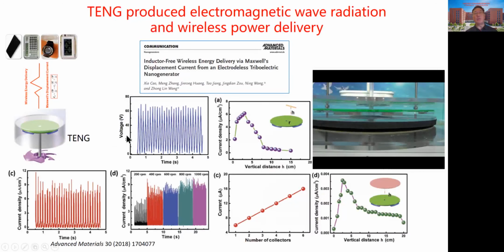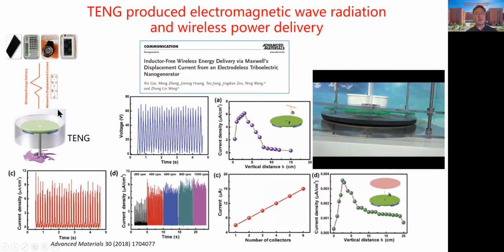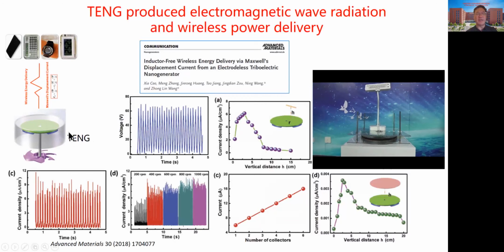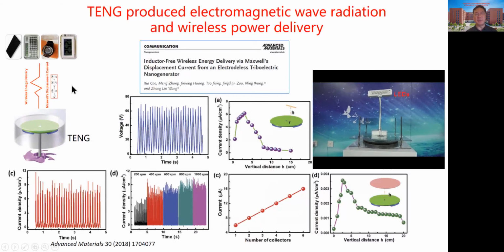Then we can utilize a rotation TENG, which uses the medium rotation, to deliver power wirelessly over a small distance. In this case, the output power is generated by the displacement current generated by the rotating medium. The medium is rotating, which gives you an alternating current in space.